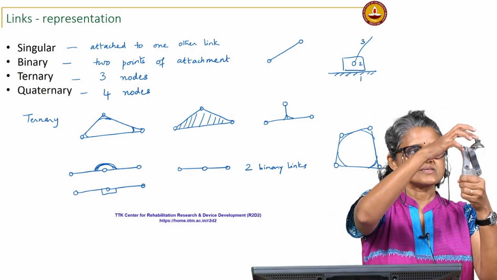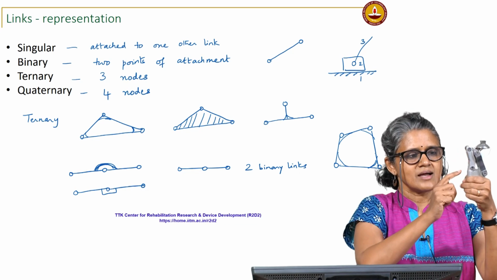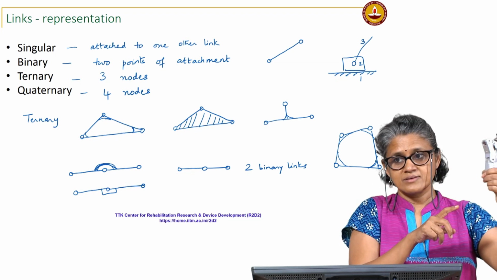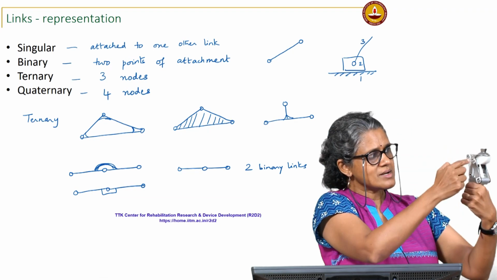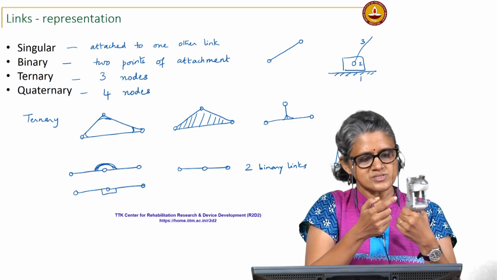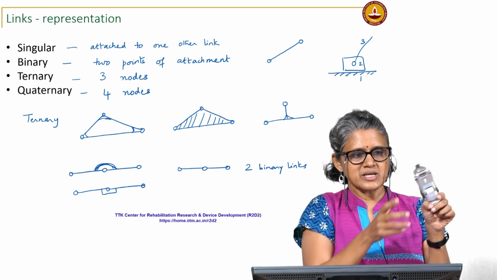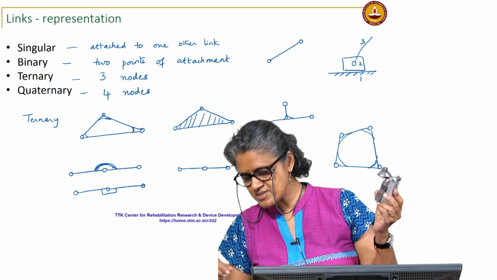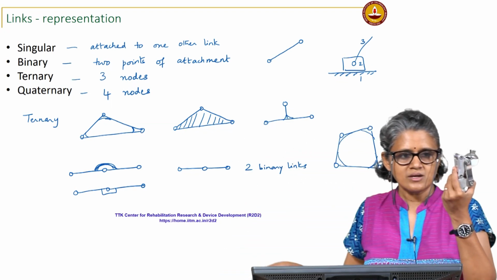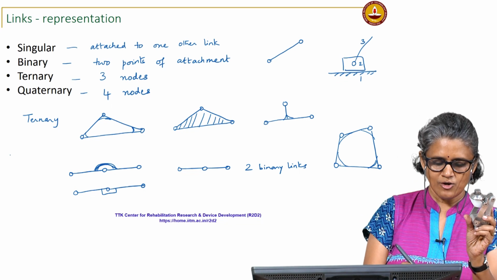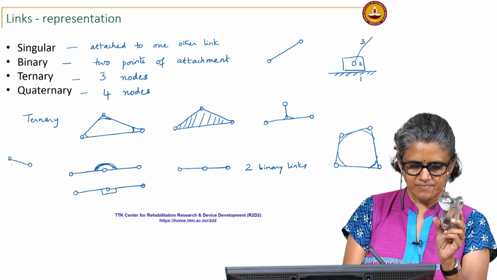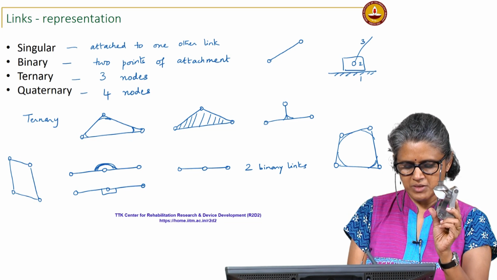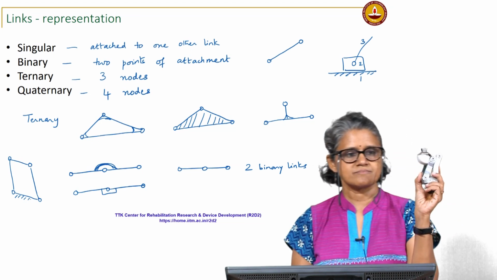If you look at this, all these links, this link, this link, this link and this link, there are 4 links here. What kind of links are they? Binary links. You can see that this one has 2 nodes, similarly this, but their shapes are considerably different. If I draw a simplified representation, all I would do is use the nodes and draw it like this, say this is the fixed link.